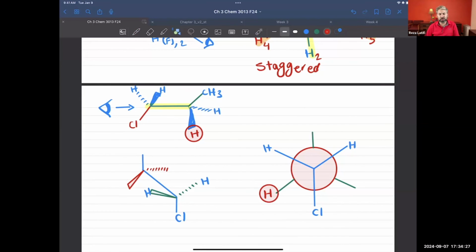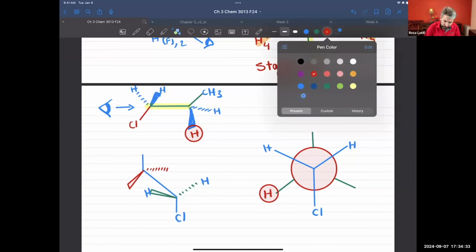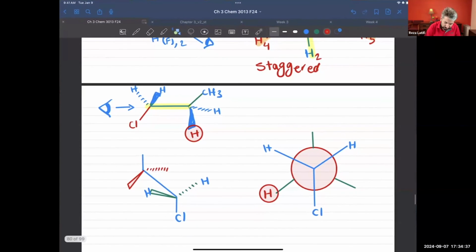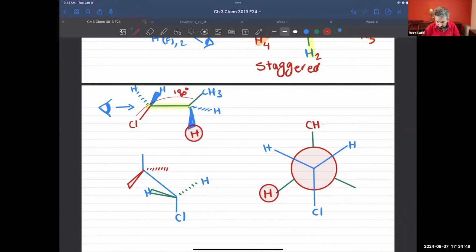Where is the methyl group? The dihedral angle of the methyl group versus the chlorine, if you look at it, will be something around 180. So that means the methyl should be here. And that's a methyl. And of course, the last one will be hydrogen.